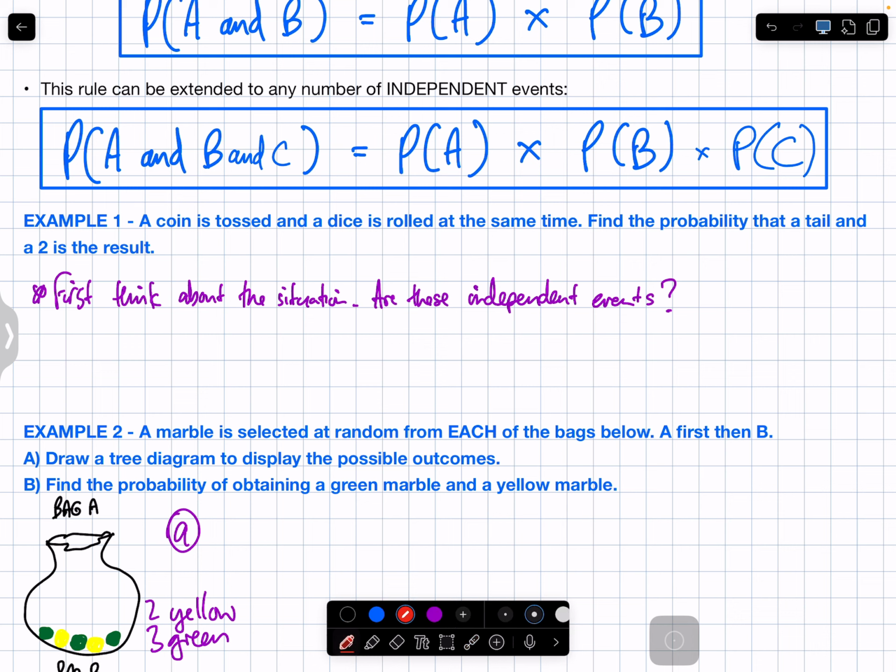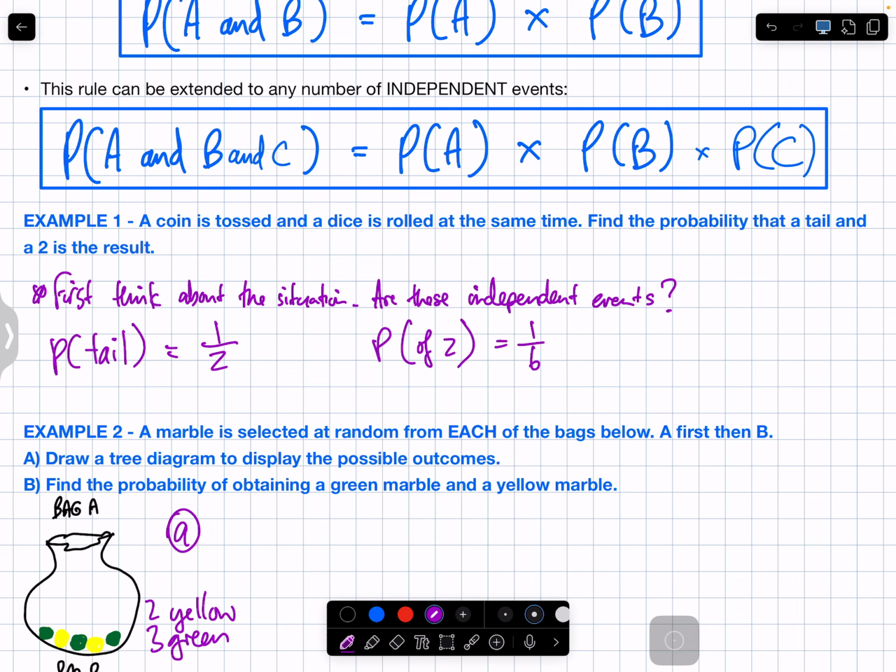So firstly, you need to decide what the probability of flipping a tail is. What is the probability of a tail by itself? What's the fraction? Yep. Because the sample space of a coin is 2, the event that I care about is a tail, so there's one thing that corresponds to getting a tail. What's the probability of getting a 2 on the dice? 1/6.